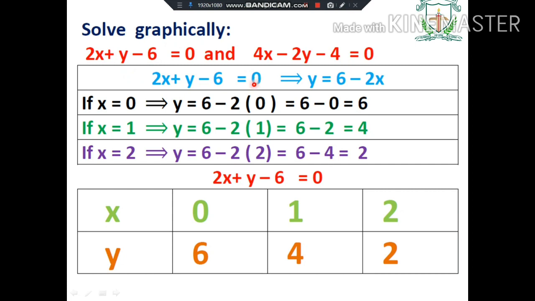Write this equation in the form of y is equal to mx plus c. That means keep y on the left hand side, take 2x and minus 6 to the right hand side. So it becomes y is equal to 6 minus 2x, on transferring to the right hand side.